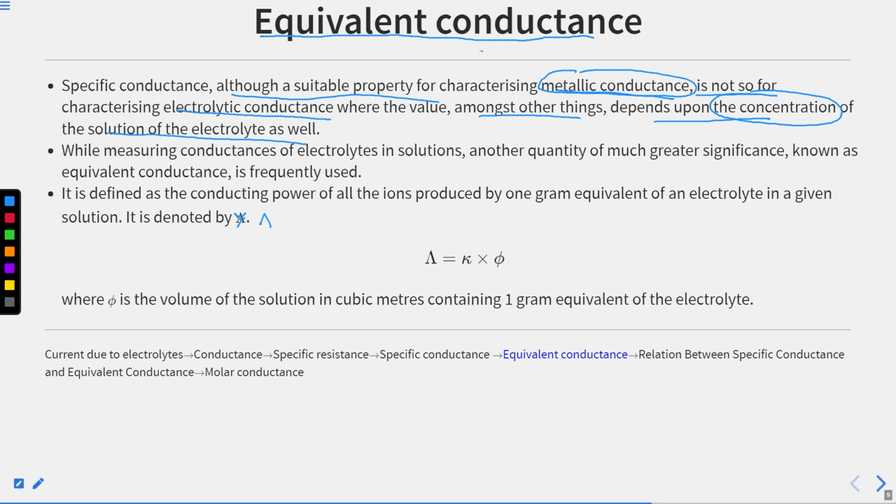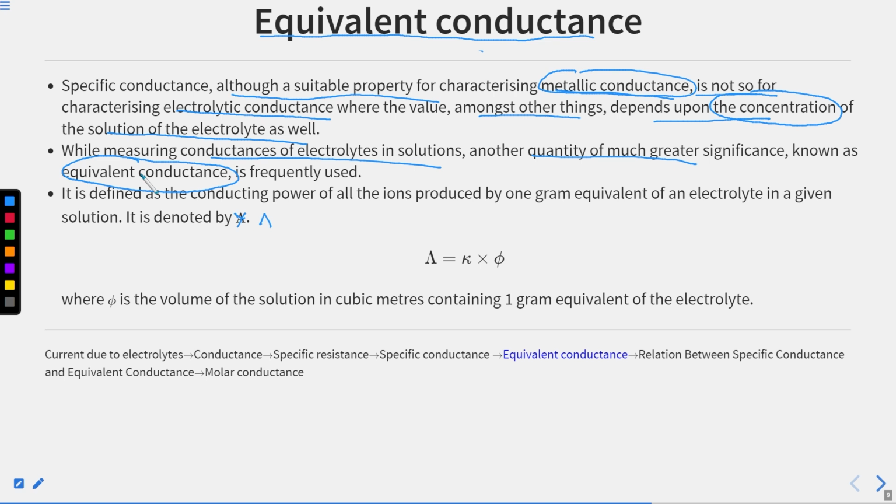While measuring the conductance of electrolytes in solution, another quantity that is more important is called equivalent conductance, and this will be used in your chapter. I'm not saying that those were not important. Questions may be asked from there directly using the formula, but coming to the application part in the electrolytic solution, you will see equivalent conductance and one more, molar conductance, more often than specific conductance and simple conductance.